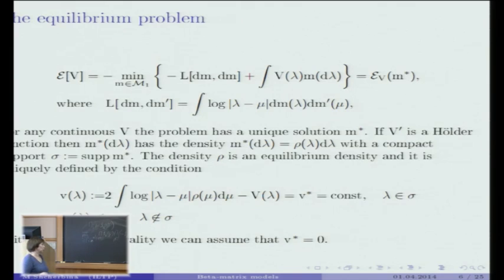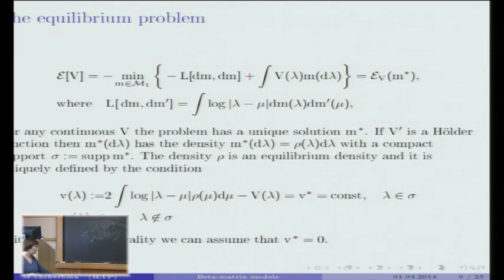And it is well known that for any continuous V, the problem has a unique solution, which is usually called the equilibrium measure m star. And it's also well known that if V prime is a Hölder function, then this m star has a density with a compact support, and the density rho I will refer to as the equilibrium density.